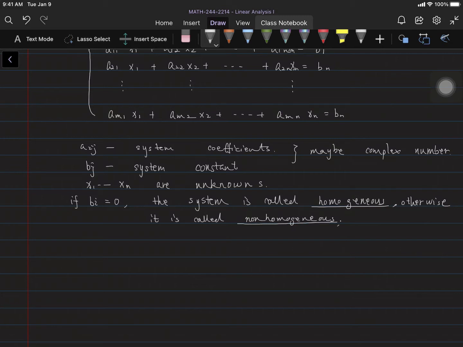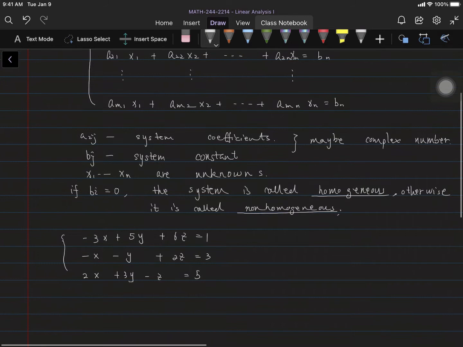Let's take a look at an example. For example, like this one, negative 3x plus 5y plus 6z equals 1, and so on. So we know these are equations.